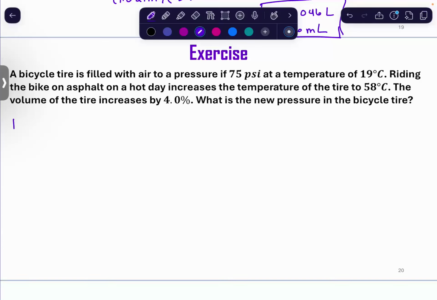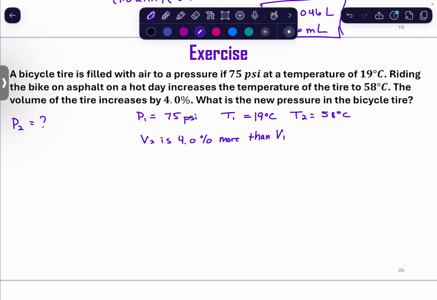So what we're being asked for is essentially a new pressure, where our first pressure is 75 psi, temperature 1 is 19 Celsius, temperature 2 is 58 Celsius, and volume 2 is 4% more than volume 1.